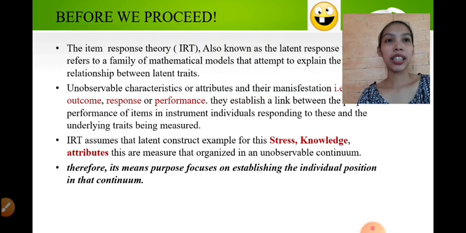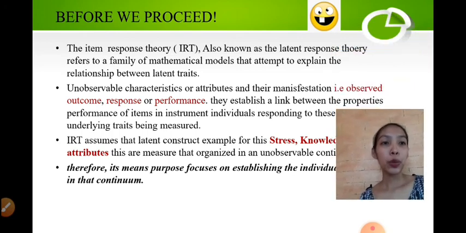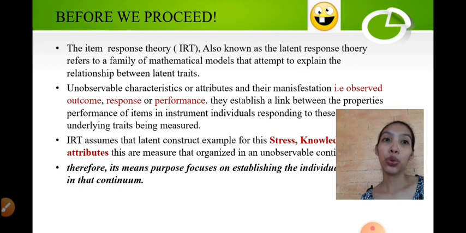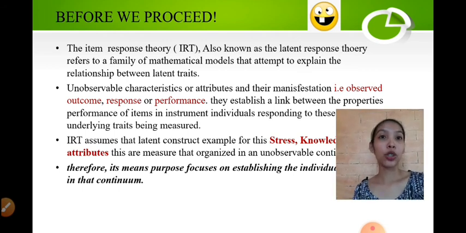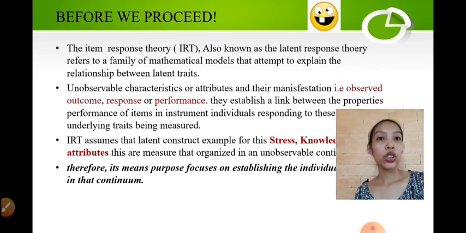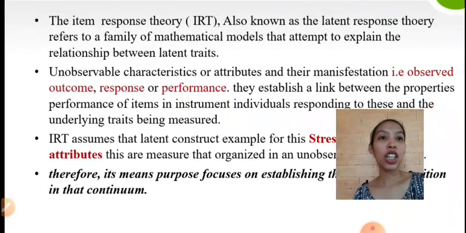Before we proceed, item response theory, or IRT, also known as latent response theory, refers to a family of mathematical models that attempt to explain the relationship between latent traits, which are unobservable characteristics or attributes, and their manifestation as observed outcomes, responses, or performance.